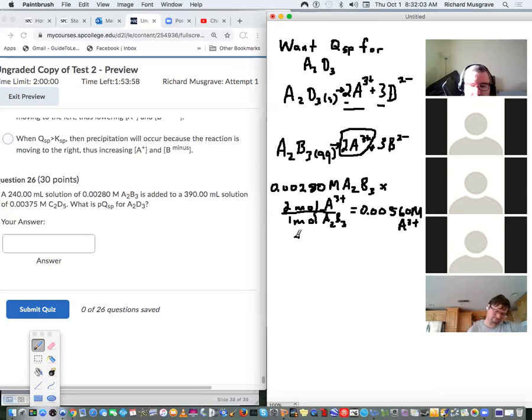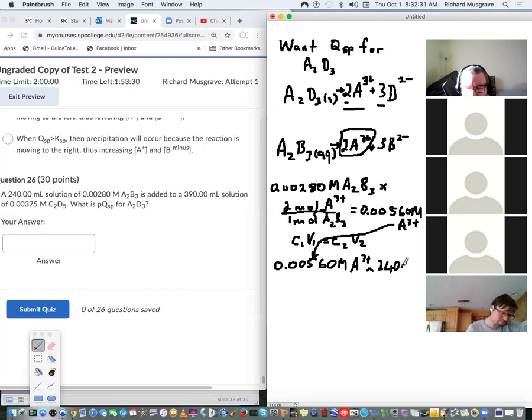The next thing we do is we do the dilution. And this is where we take account of the volumes that we're talking about. 0.00560. Notice how I'm using this concentration of A3+ here, times 240.0 mLs. Now I don't have to do any conversions of mLs into liters or anything because the mLs cancel.